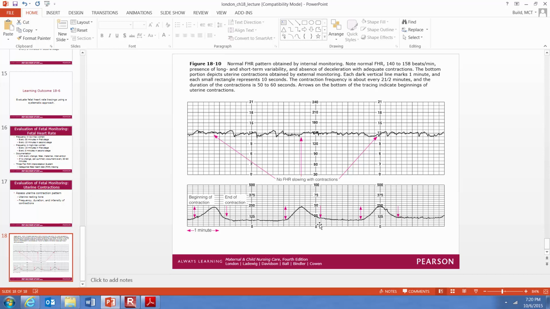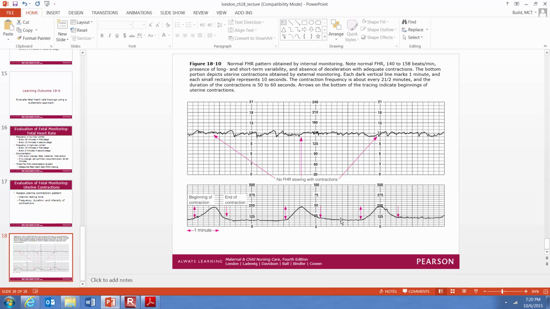So we start at 0, 5, 10, 15, 20, 25, okay? We want our woman's resting tone to measure below 25. So anywhere here. Now, just like a cardiac monitor, we want to actually touch this woman's belly and make sure it does feel soft, even though it's measuring soft. Okay, we don't want to totally go by the monitor to say our uterus is soft.